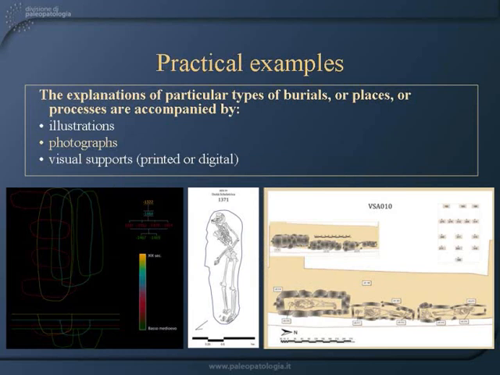We try as much as possible to supply the explanations of particular types of burials or places or processes with clear illustrations or photographs and other similar materials in both printed or digital format, acting as visual support for the understanding of the different phenomena.